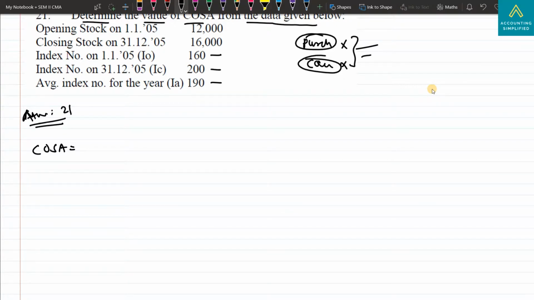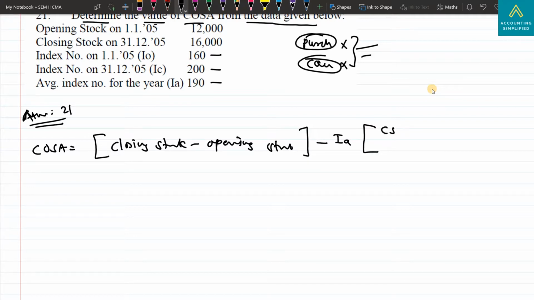COSA is equal to, write down, closing stock minus opening stock, minus average index times closing stock divided by index of closing minus opening stock divided by index of opening.